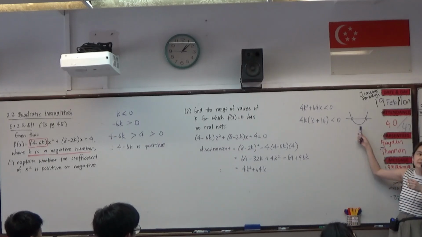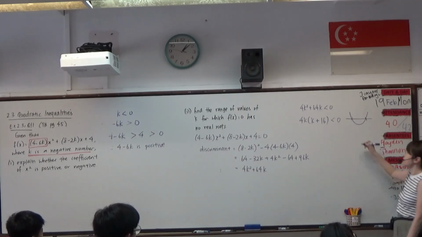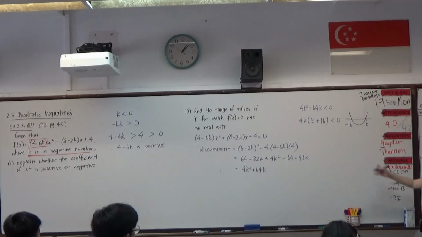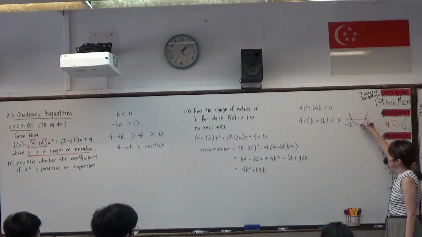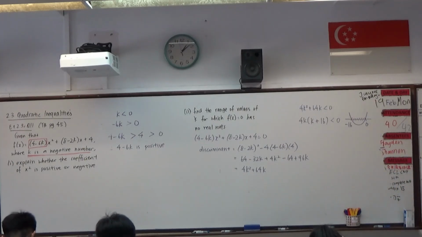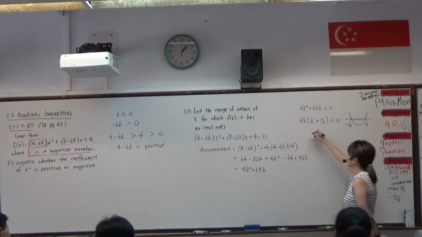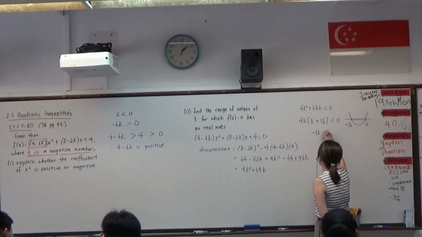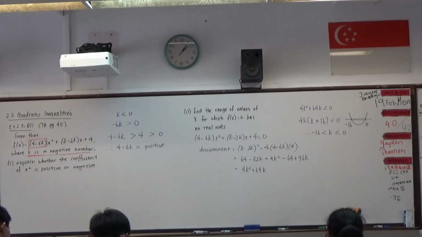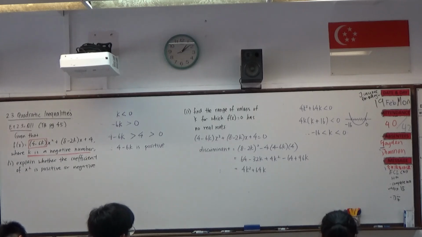So what are the roots here? Negative 16 and 0, right? Less than 0 means that we look below the x-axis, so this interval. And therefore it will be between negative 16 and 0. Okay? Questions?